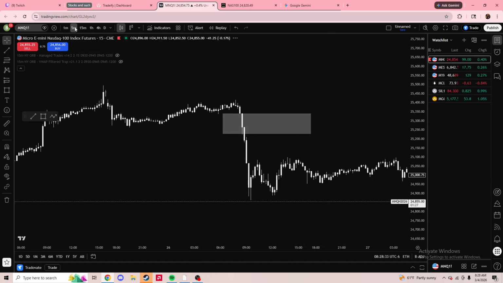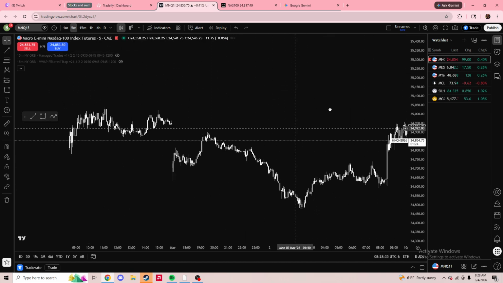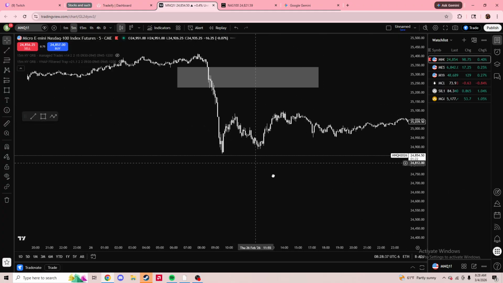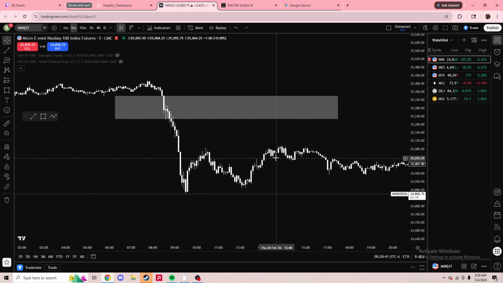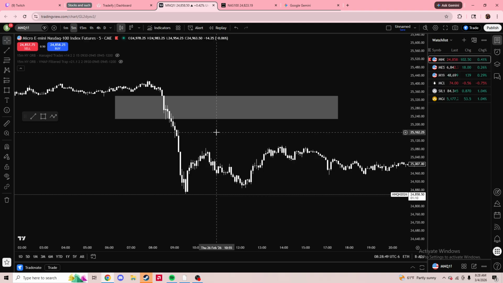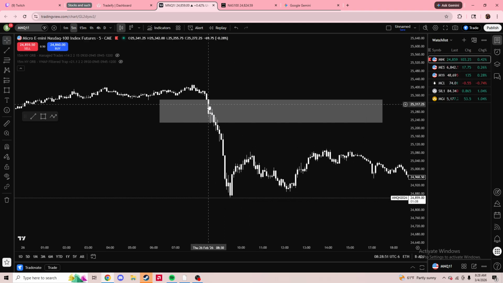You then switch to the 5 minute and you just observe it. This is called the opening range, or trading with the opening range break. 8:30 is when the New York Stock Exchange opens.